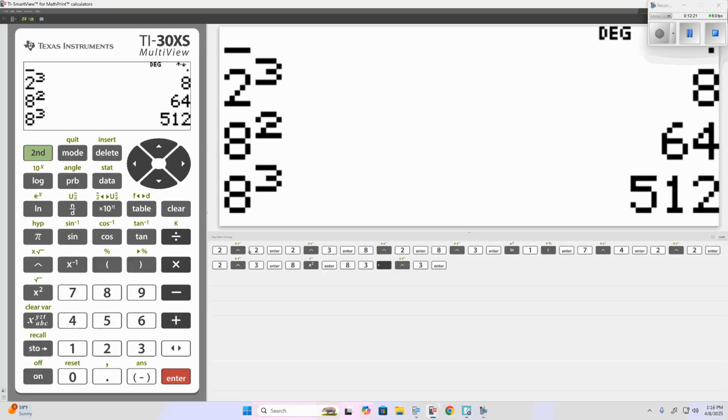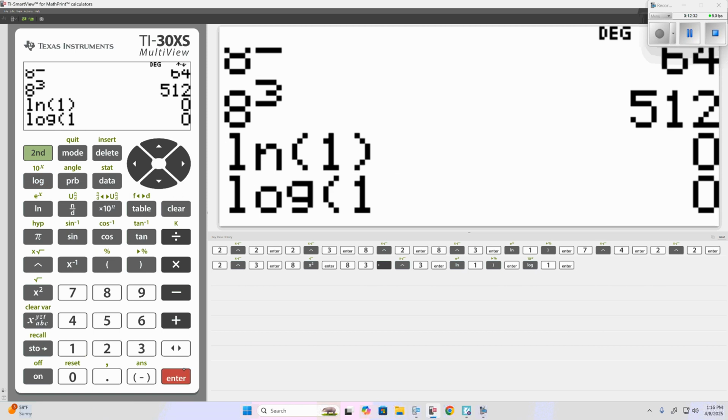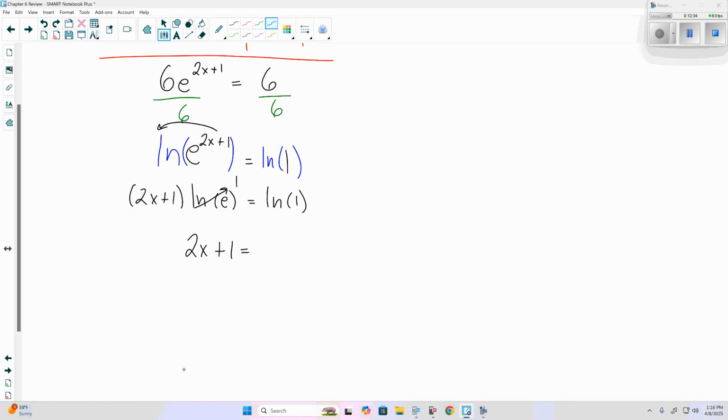Now something that's interesting is the natural log of 1 is 0. Doesn't matter what it is. Log of 1 is 0.